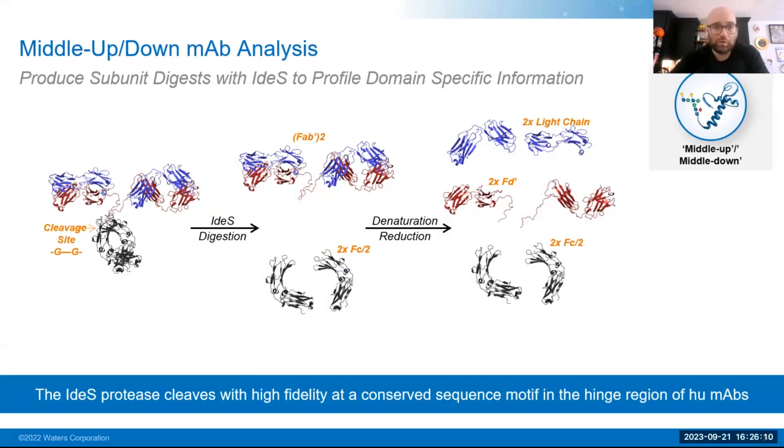And then what we can do from there is either analyze that as is, the F(ab')2 and the Fc as well, or we can denature that and release those light chains from the variable regions of the heavy chain, and then analyze the light chain itself, the Fd, as well as the Fc region.